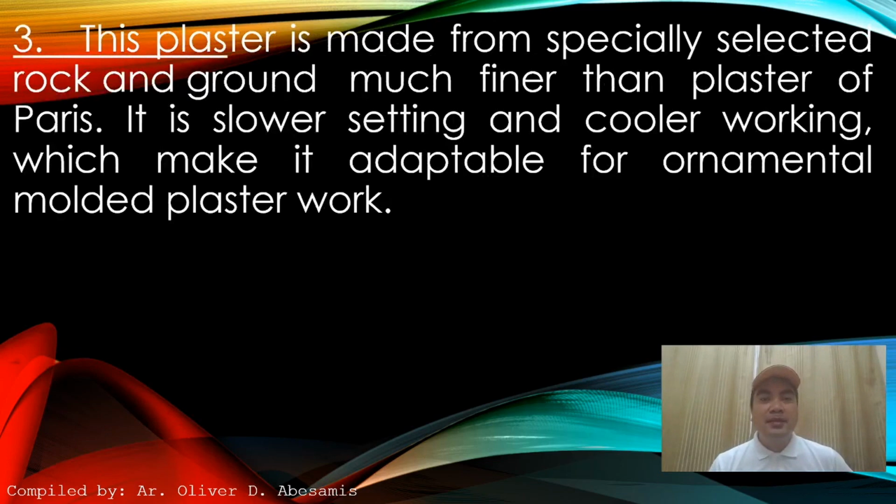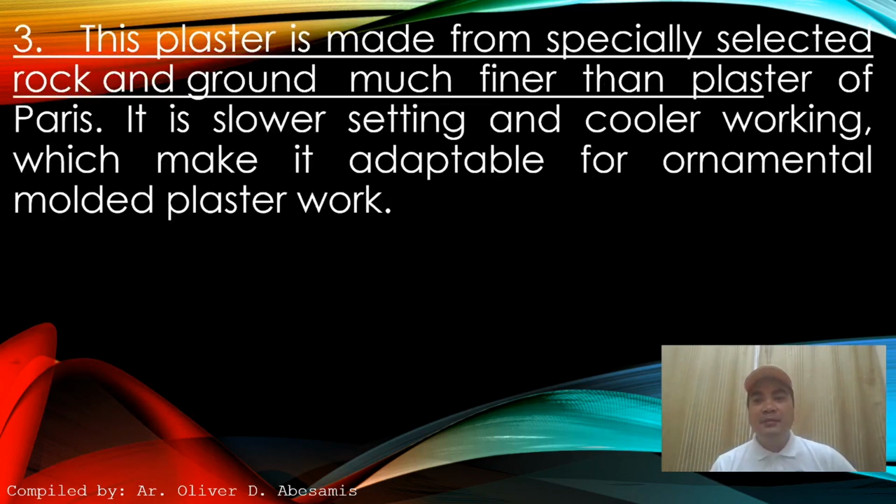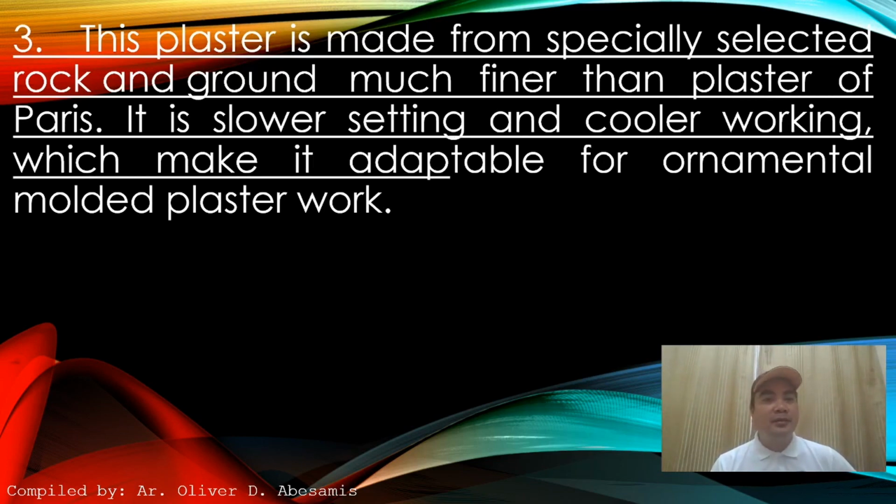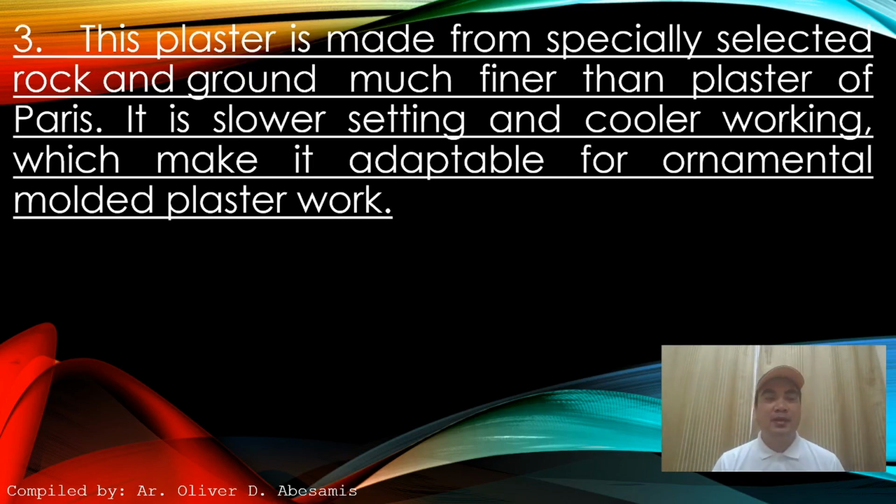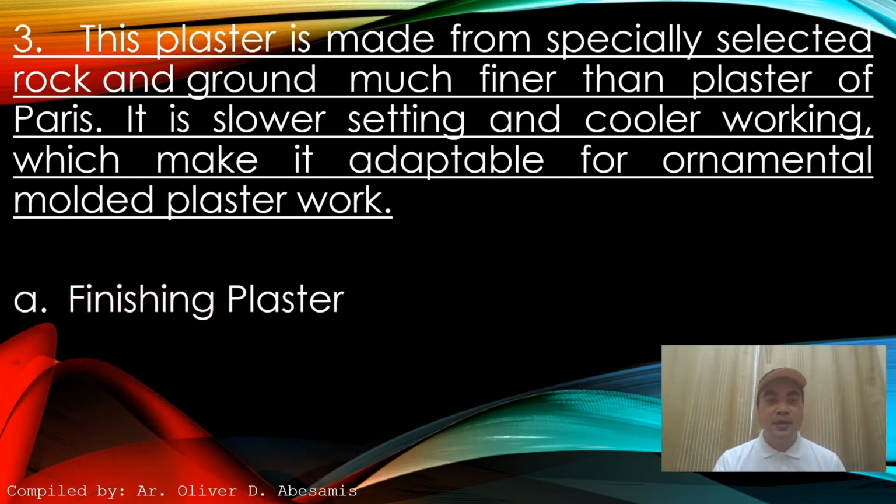Next, this plaster is made from specially selected rock and ground much finer than plaster of Paris. It is slower setting and cooler working, which makes it adaptable for ornamental molded plaster work. A. Finishing plaster.